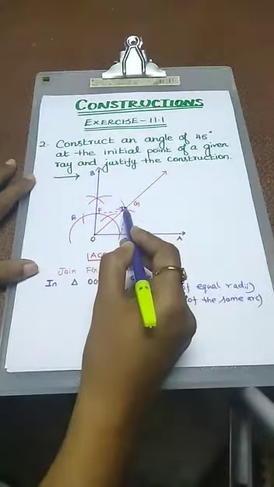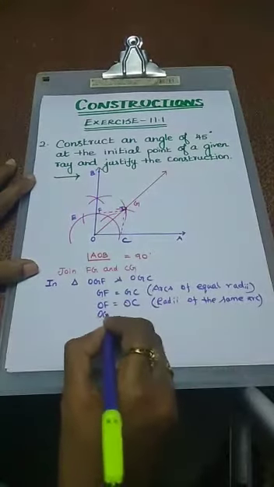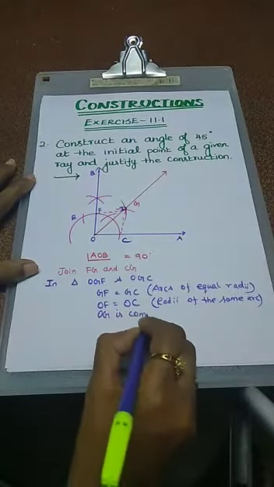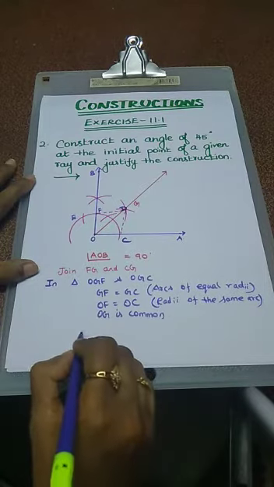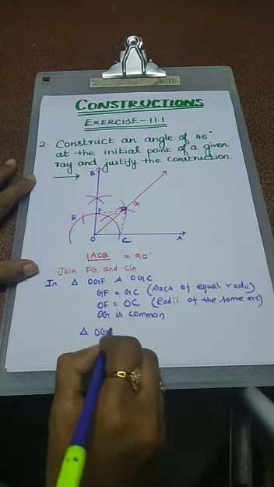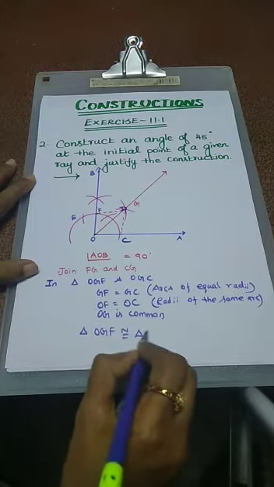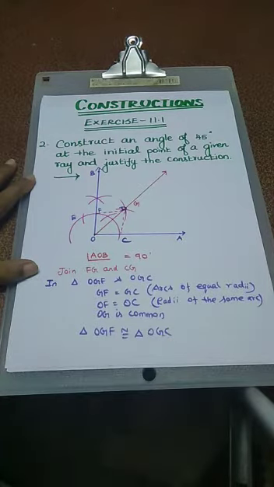Another one, this OG is common. So easily we can mention triangle OGF is congruent to triangle OGC. Is this clear?